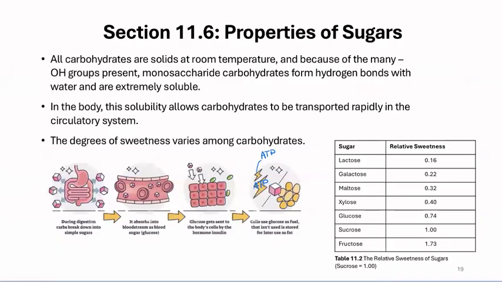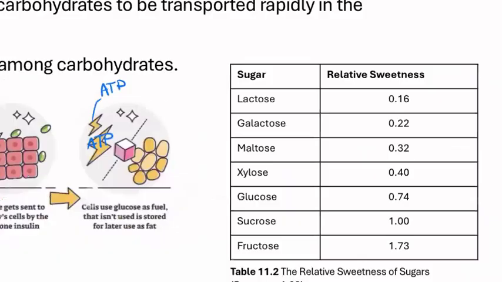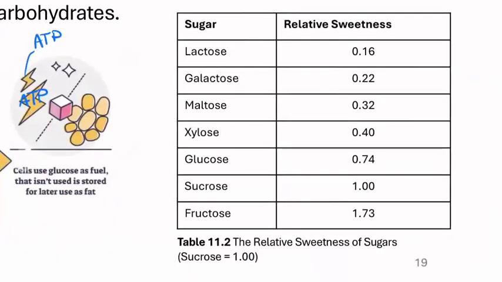As I mentioned before, fructose is going to be the sweetest monosaccharide, or the sweetest carbohydrate in general. We can see that in table 11.2, we have the relative sweetness of sugars. In this table, table sugar, in other words sucrose, has been standardized as 1.00, and then from there numbers have been assigned to the other carbohydrates.